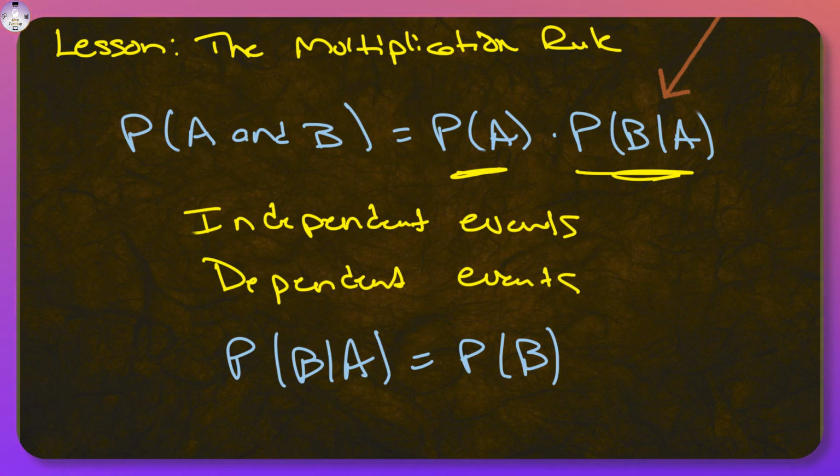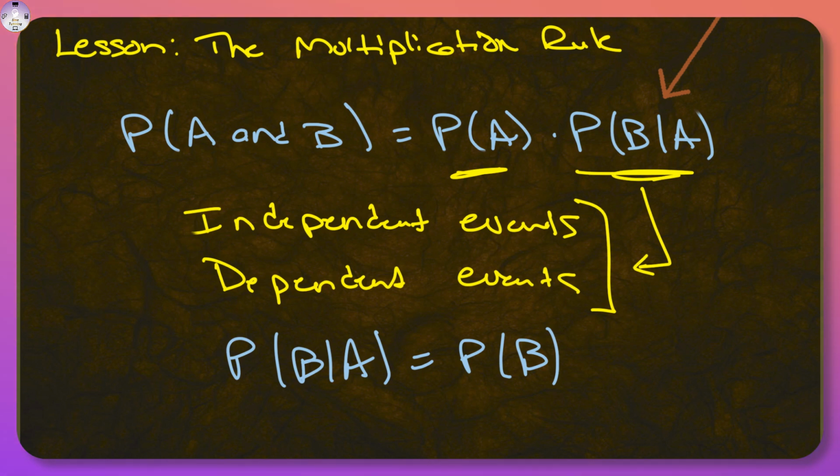Now, the first thing you have to figure out when you're working these types of problems is, are these two events that are happening in sequence dependent on each other, or are they independent events? When we did the probability of snow across 3 days, they were independent events because they had the same probability across all 3 days, and the probability of snow on Tuesday was not affected by whether it snowed or not on Monday.